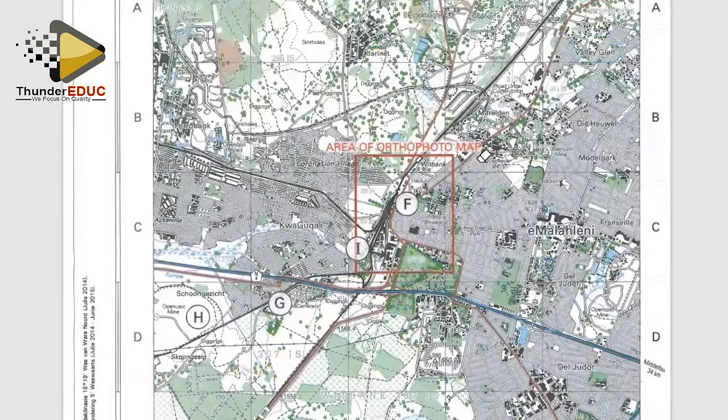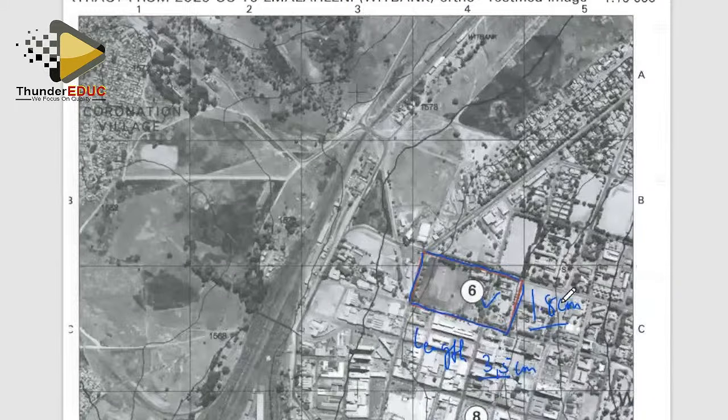But because of scale, it appears to be smaller. So area 6 on the orthophoto map is almost to the extreme northeast corner of our map.